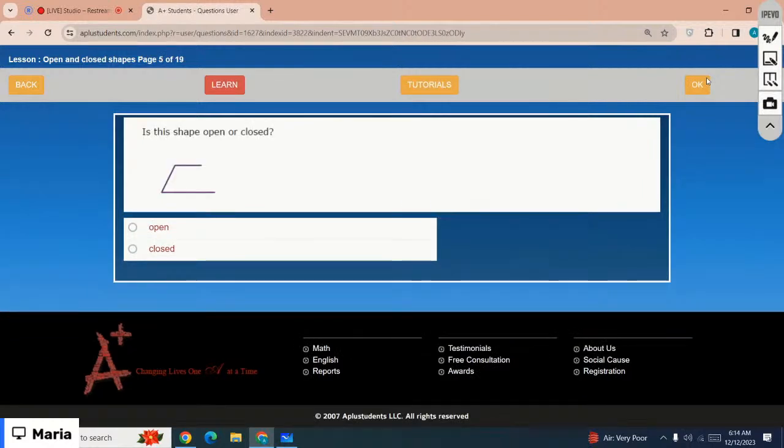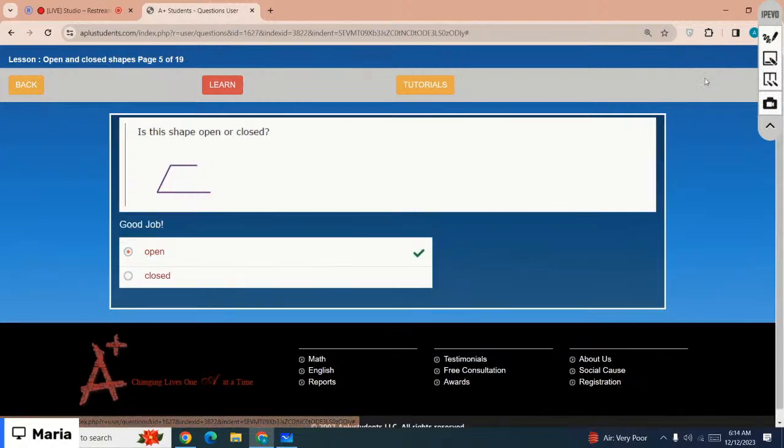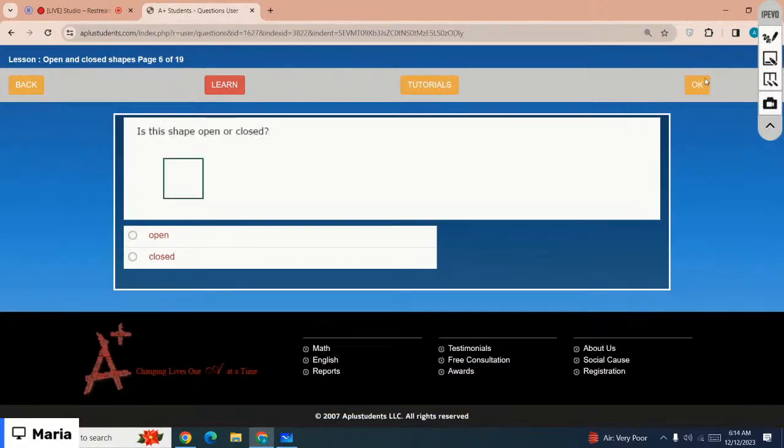Is this shape open or closed? Yes, it is open. Is this shape open or closed? Yes, it is closed.